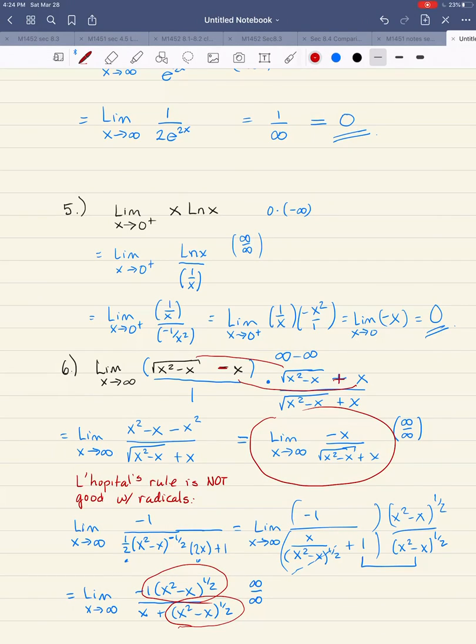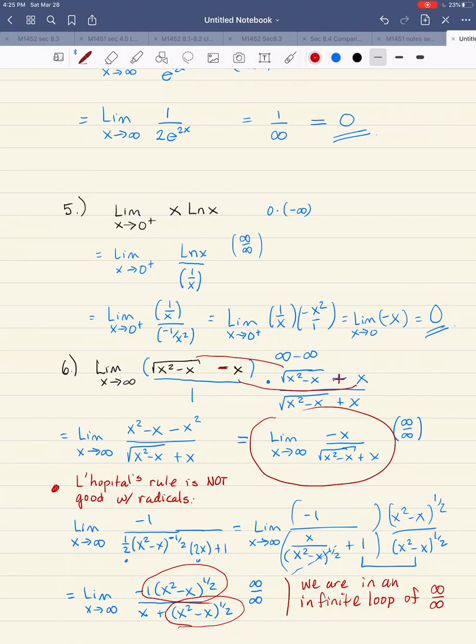I'll always have a radical in it, so I'll never be able to get it out of infinity over infinity form. Okay, so we're stuck. We are in an infinite loop of infinity over infinity. So that's why I say L'Hopital's rule is not going to be good for stuff with radicals.